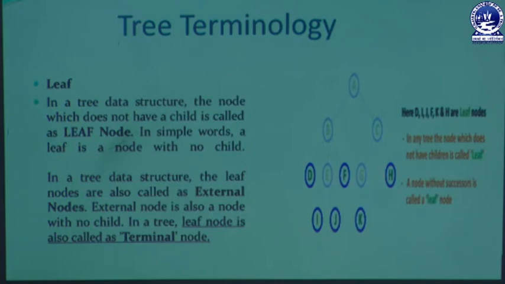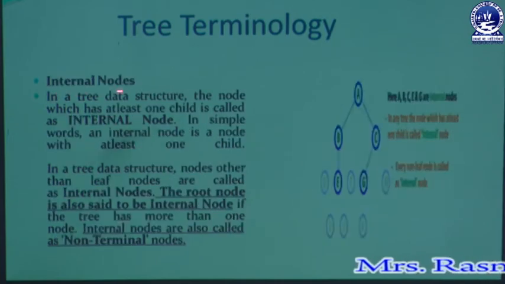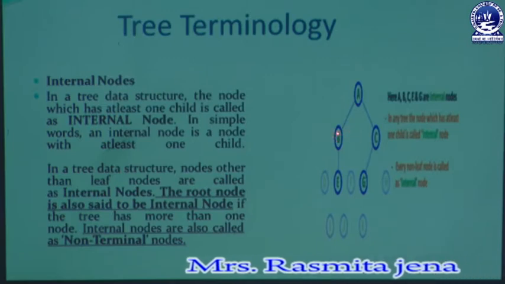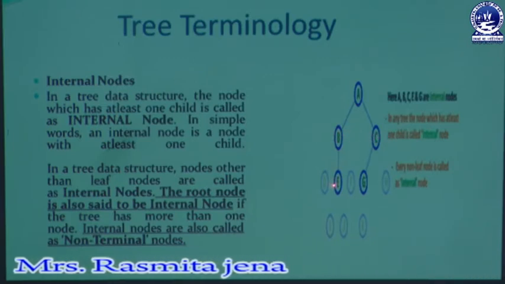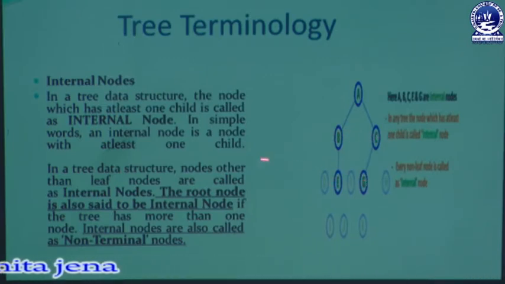Then the next terminology is internal node. These are the internal nodes: B, C, E, G. Internal node means, in a tree data structure, a node which has at least one child is called an internal node.